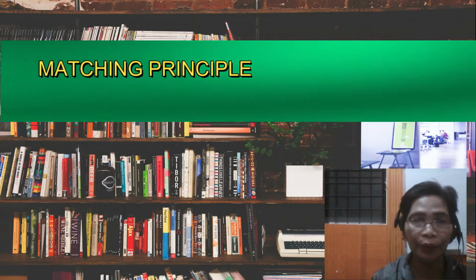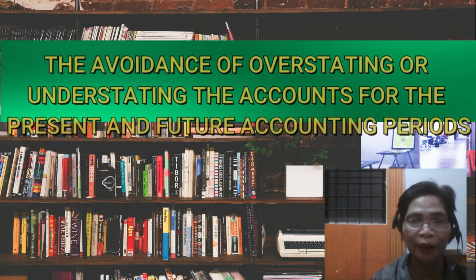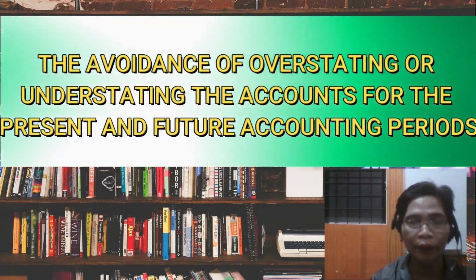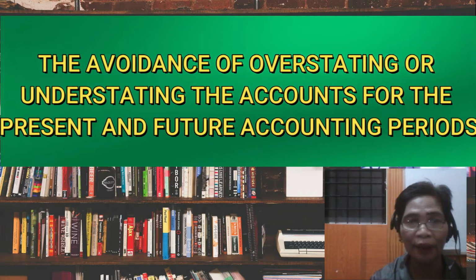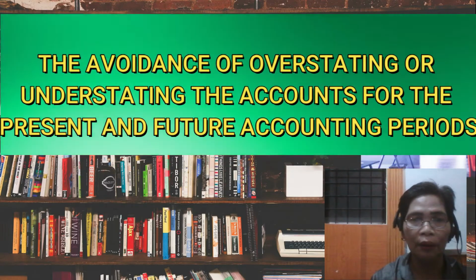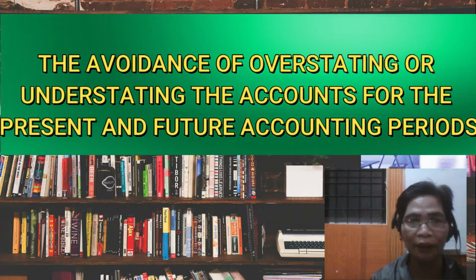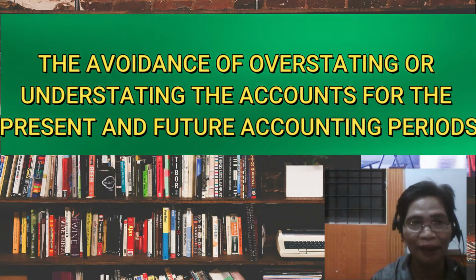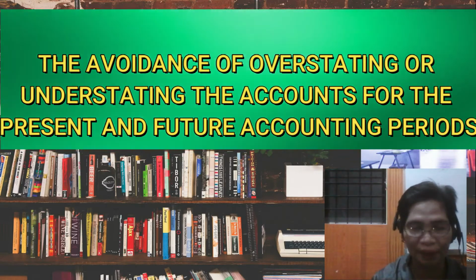Number two is to identify the income and expenses that belong to the next accounting period, to avoid overstating and understating the income and expenses. Later on, you will see the application of these theories.